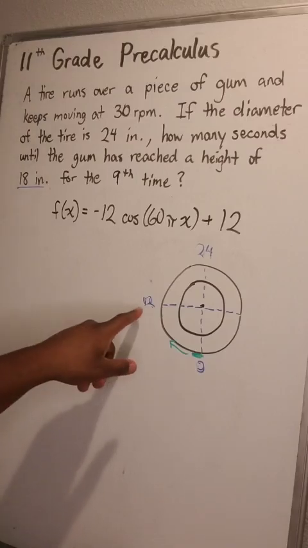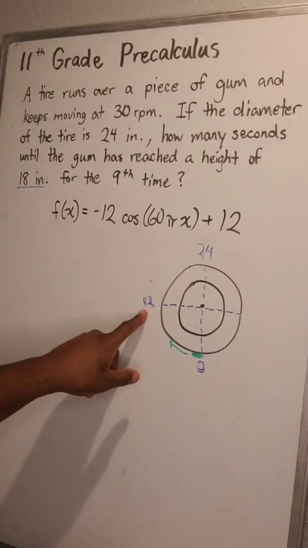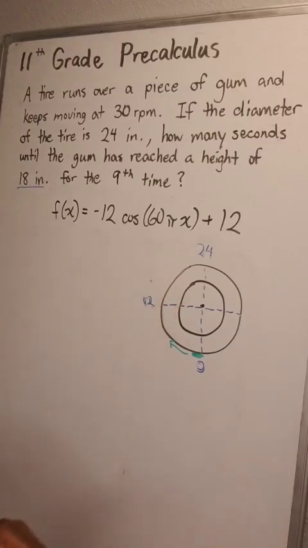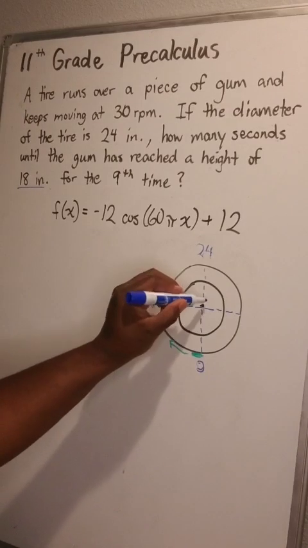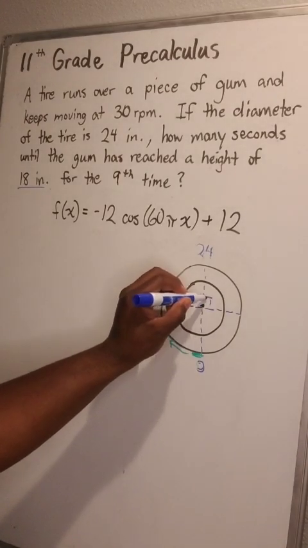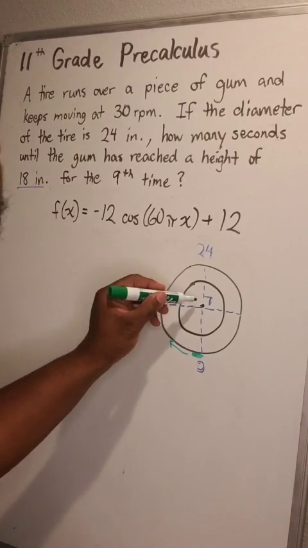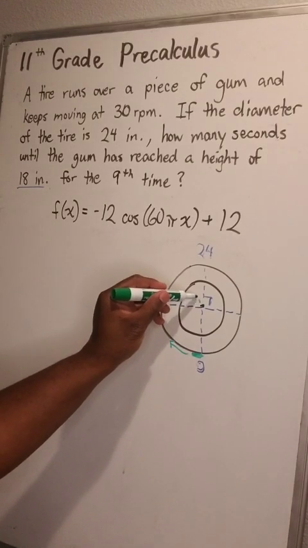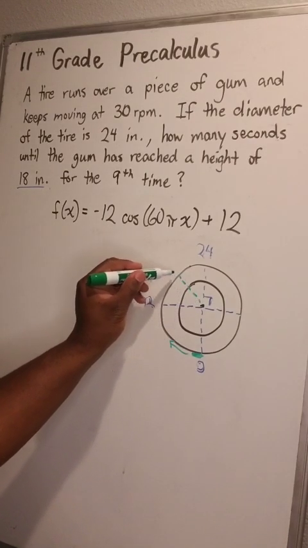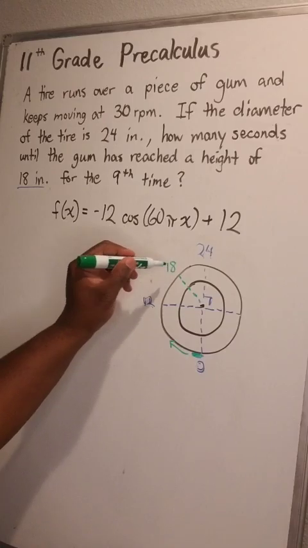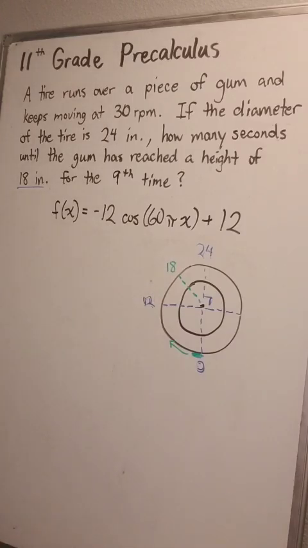And 12 plus 6 is 18. 18 plus 6 is 24. We've created a 90-degree angle just from these two diameters alone. And this means that if we cut this 90-degree angle in half where 18 lies, we have just created a 45-degree angle here.